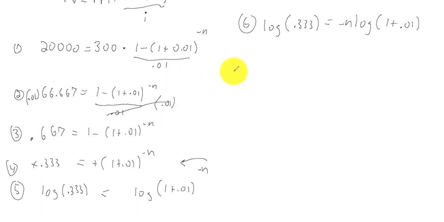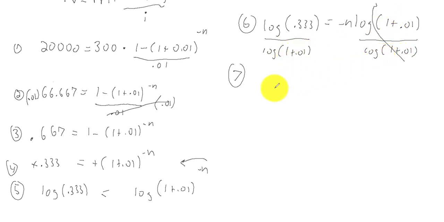And now to finish the problem, divide both sides by log 1 plus 0.01, and we're almost done. Right? So this is going to cancel, leaving me with log 0.333 over log 1 plus 0.01, and that equals negative N.